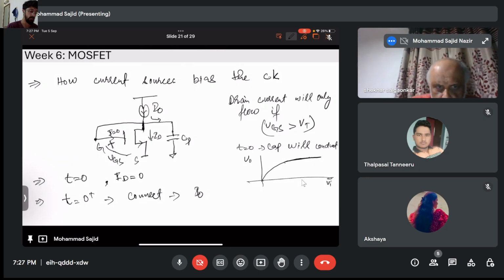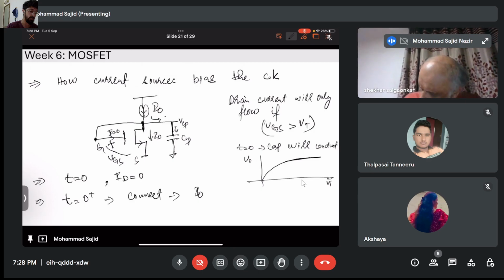Okay, and due to this current, a charge starts piling up in this capacitor. Okay, and due to this charging of the capacitor, a potential gets developed here. Let's call it VCP. Okay. So what happens is at zero, ID is zero, and you apply a current source of I naught, the whole current will go to the capacitor and it will start charging the capacitor, and charging the capacitor will increase the potential.